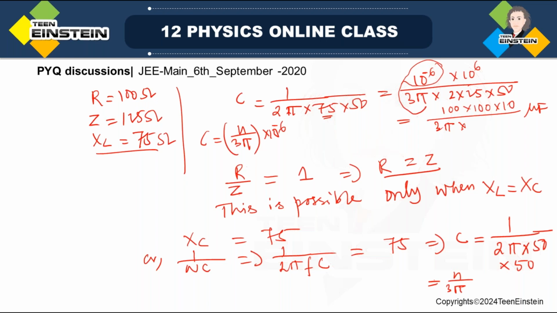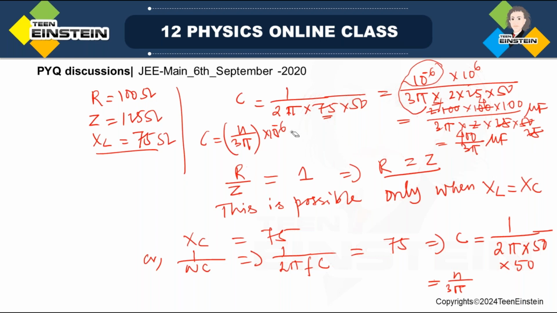I'm writing 3 pi here, 2, 25, and this is 50, just for the sake of calculation, otherwise you can directly do it. This will be 4, which makes it 2, and 25 makes this 100 as 4. So what I get is 400 by 3 pi, in microfarad.